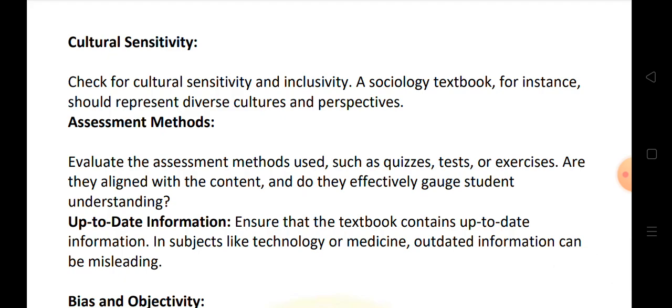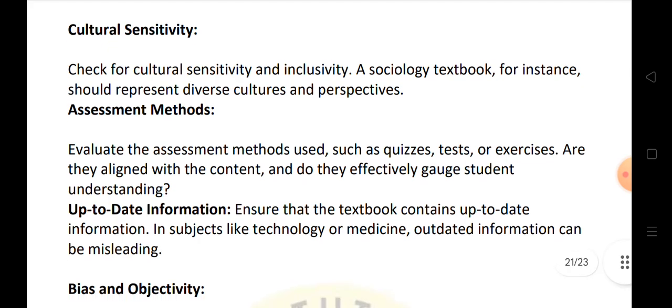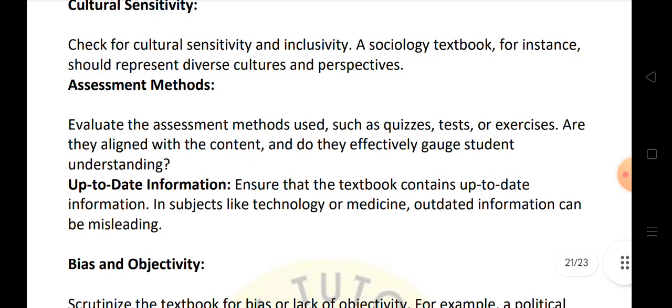Now you see, a social science textbook, social science is known as social science because it is a subject in which there is a lot of correlation between civics and history and geography and economics, right? Relation is there, collaboration is there. So accordingly, it helps us to learn about the society, about the economy, about the geography, about the history, right?